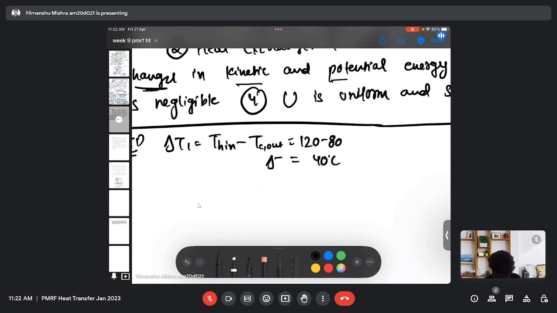So this is my ΔT1, and my ΔT2 is hot outlet temperature minus the inlet temperature of cold fluid, which is 120 minus 17 degrees Celsius.